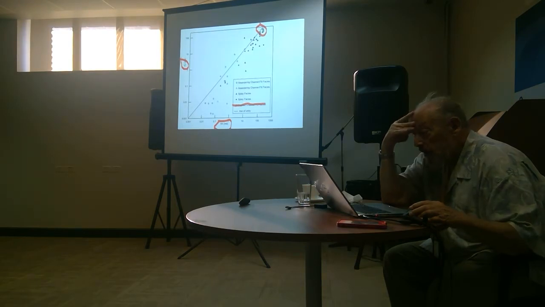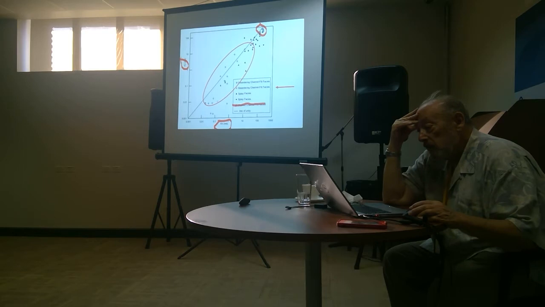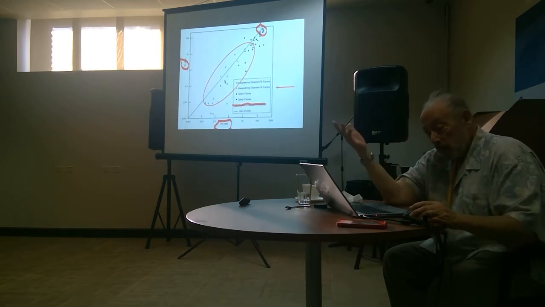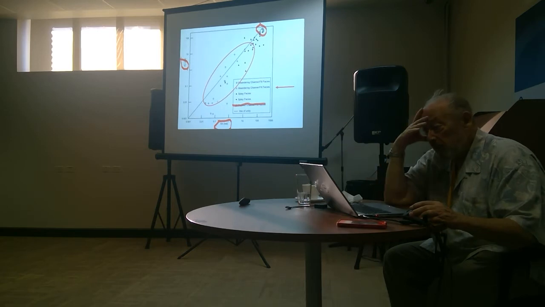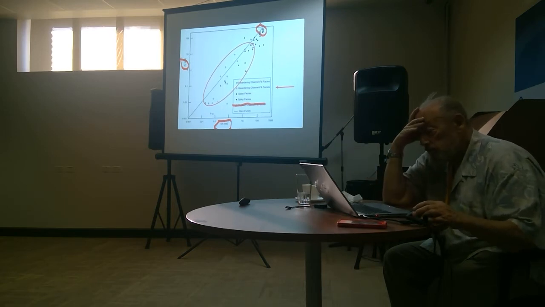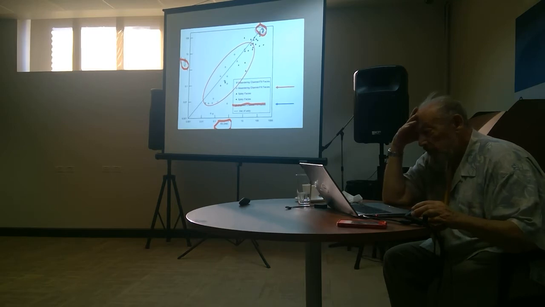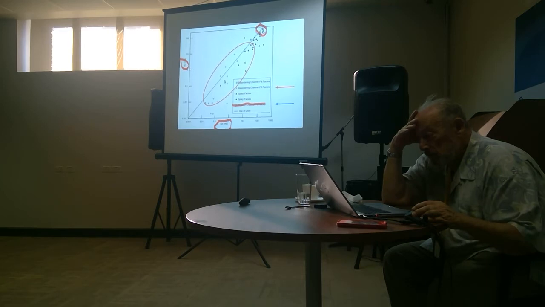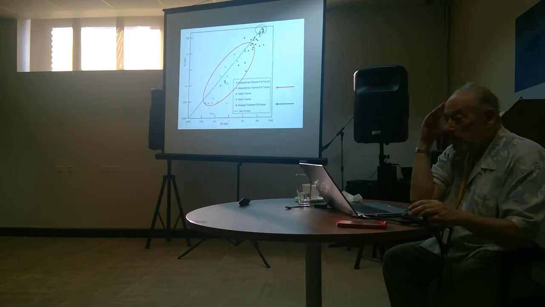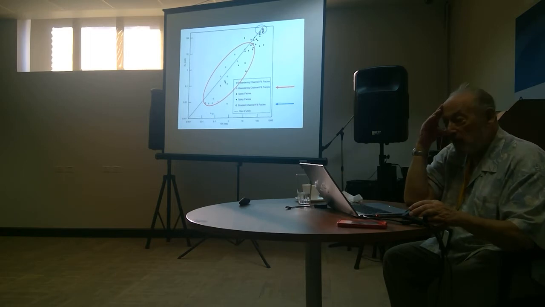Your meandering facies tend to have lower permeability. And then again, the braided river facies occurs up in here.